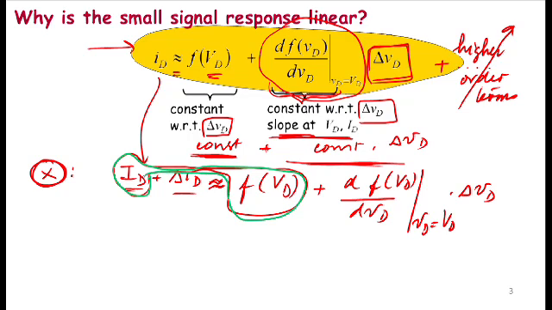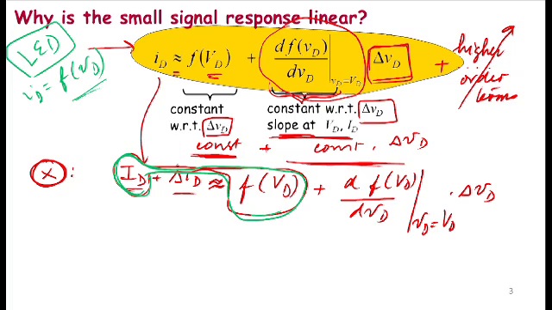So notice right away that f of capital VD is simply the original equation evaluated at the point VD. What was the original equation? The original equation was ID equals f of VD. That was the original equation for my light emitting diode. So what that is saying is that the first constant term is simply the same function evaluated at VD, and so that is equal to capital ID.